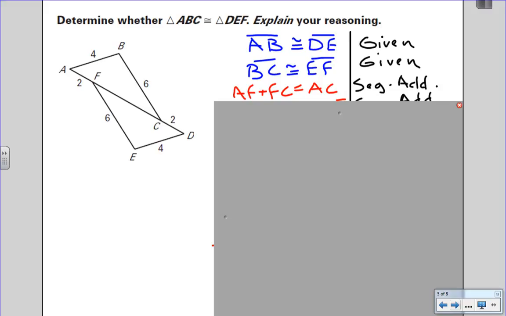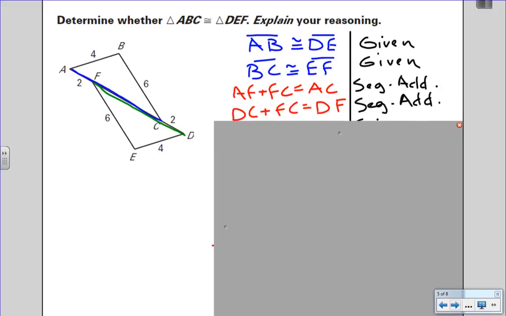What I am going to do, now what was my overall vision when doing that? I need to figure something out about that blue side right there, because that is the third side of one of those triangles. Next, I need to figure something out about this side that I know, because that's the third side of the other triangle, and in the end I need to make sure those are equal.